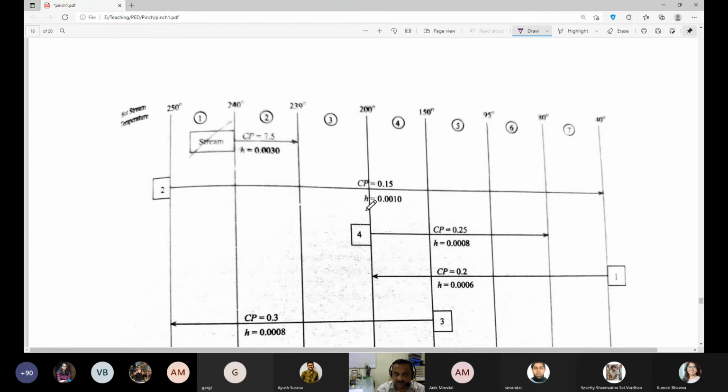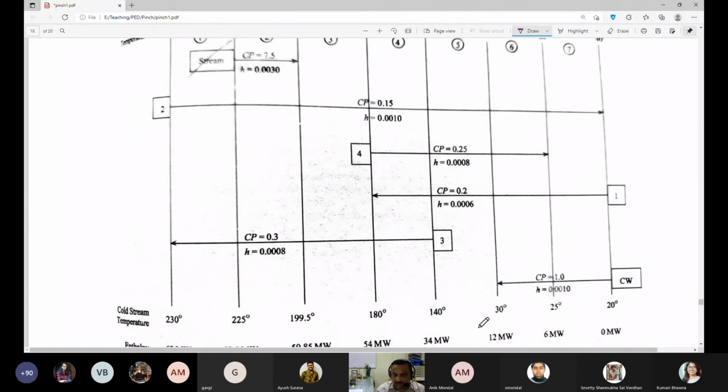The heat transfer coefficients are new to us. Film heat transfer coefficient. Mind it, it's film heat transfer coefficient. That is new to us. And then again, the cooling water here changes from 20 to 30 degrees centigrade. CP we just calculated based on the delta H we have. And then we have the corresponding H value given.